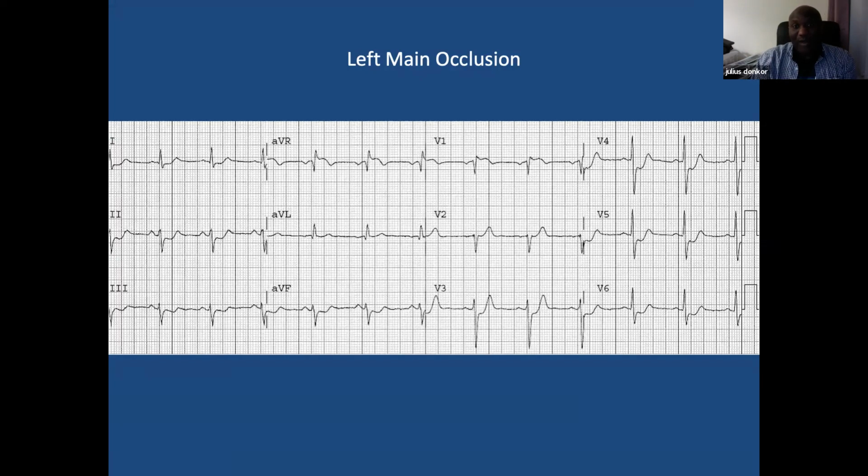You get widespread ST depression from V2 usually, all the way across your chest leads to V6, and then your high lateral and inferior leads, but ST elevation in your AVR and V1. So this is your left main occlusion. That's a big one.